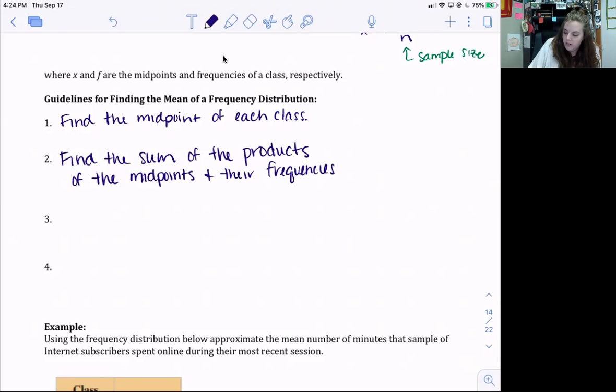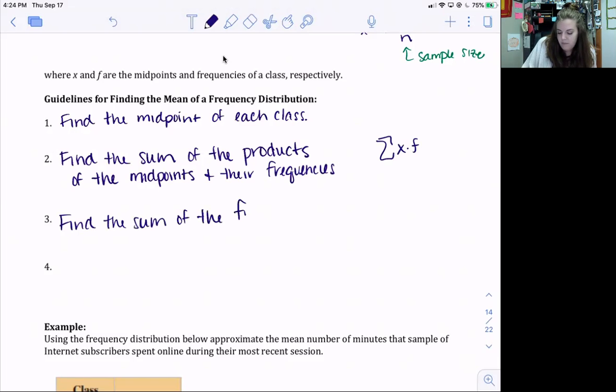Our symbol for that would be the summation of X times F, the midpoint times the frequency. Then we're going to find the sum of the frequencies, which is going to be our N, the summation of F. And remember, that's our sample size.